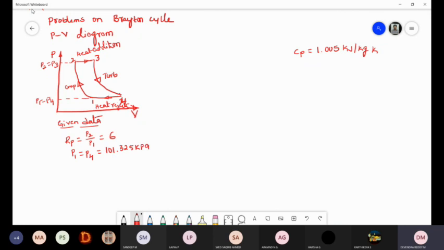And what is the temperature here? 27 degrees. Whether T1, T2, T3 or T4? You must read the problem: air enters the compressor at 101.325, 27 degrees C. That is T1.